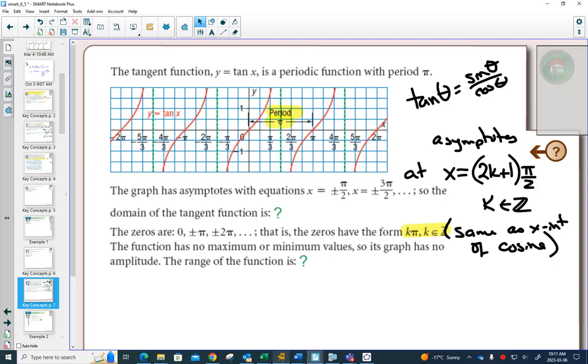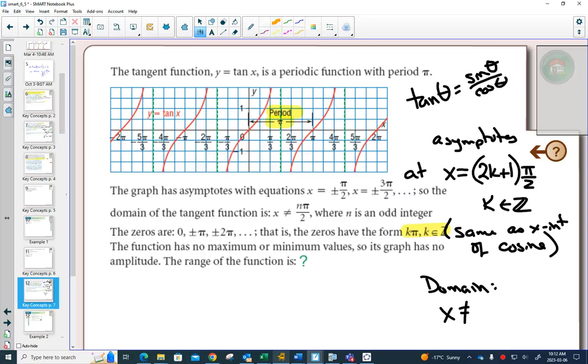The domain, the way that we write the domain, and actually this one we'll write here, is a better form than the textbook. You write x can't equal, and then you write the zeros of cosine.